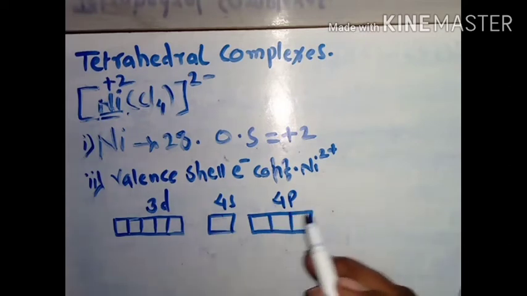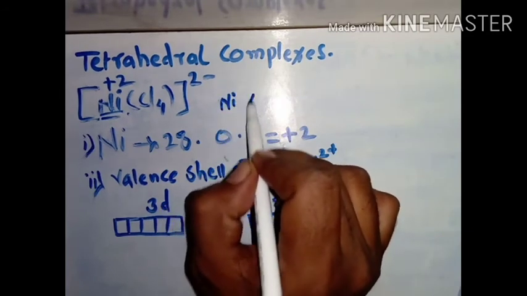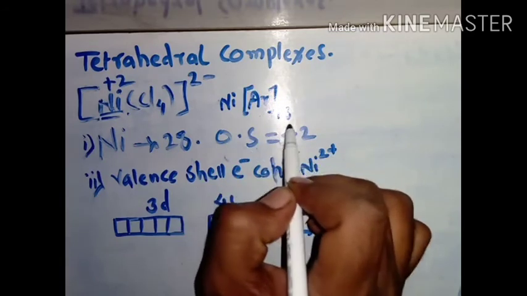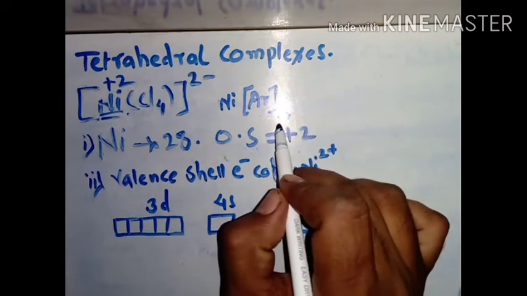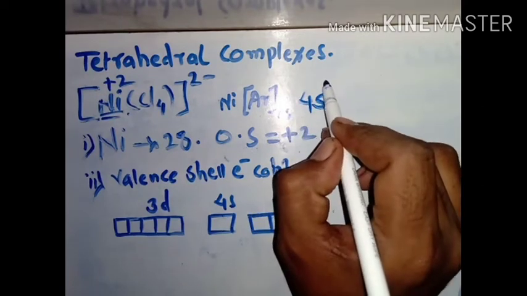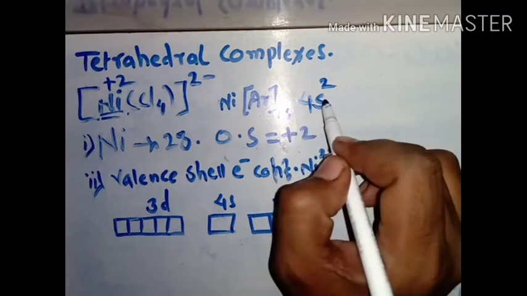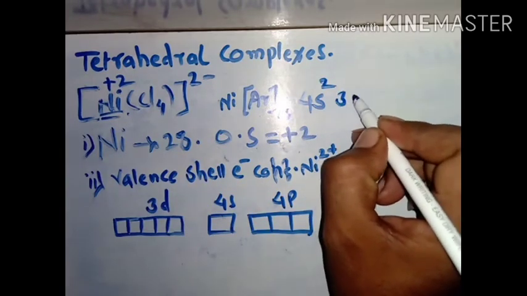Now fill the electrons. Nickel has atomic number 28, and with respect to argon, atomic number 18, the 18 electrons are distributed as 1s2, 2s2, 2p6, 3s2, 3p6. Then the remaining 2 electrons go to 4s, that is 4s2, 18 plus 2 is 20. The remaining 8 electrons enter the 3d level.